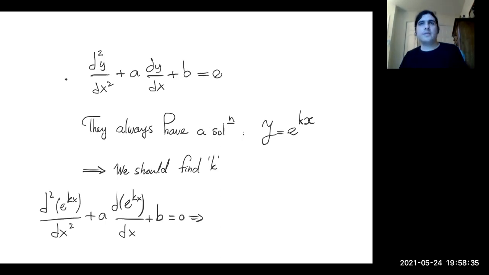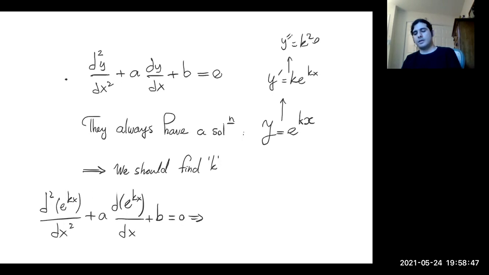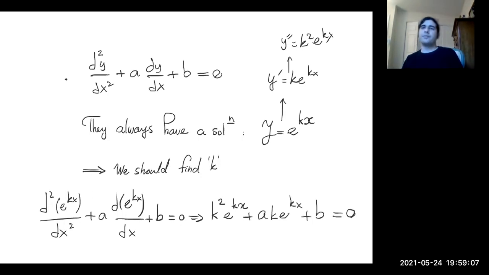Now if you take the derivative of y, y prime is k e to the kx, and the second derivative is just k squared e to the kx. So we have k squared e to the kx plus a k e to the kx plus b equal 0.